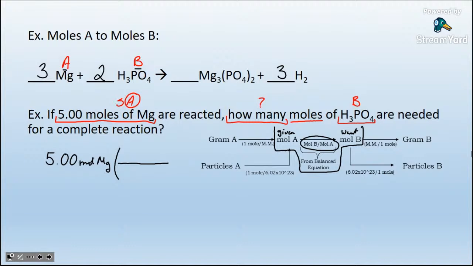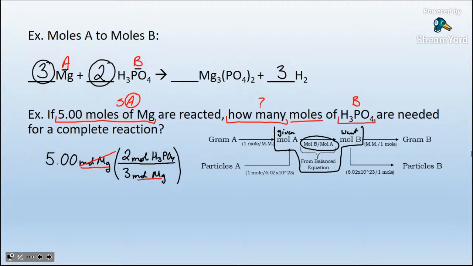So in my balanced equation, it shows that there are 2 moles of my substance B, which in this case is H3PO4, over 3 moles of my substance A, which in this case is magnesium. And again, my hope is that eventually you won't need the mole roadmap, that you can instead look at this in terms of units and recognize that if I start with moles of magnesium, in my conversion factor, I need moles of magnesium in the denominator.